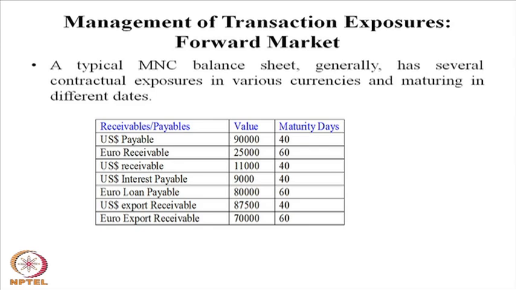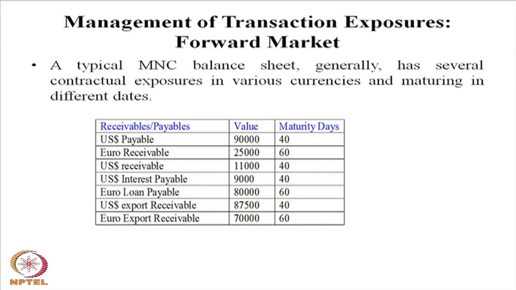Similarly, the euro receivable: the MNC will be receiving 25,000 euros after 60 days.